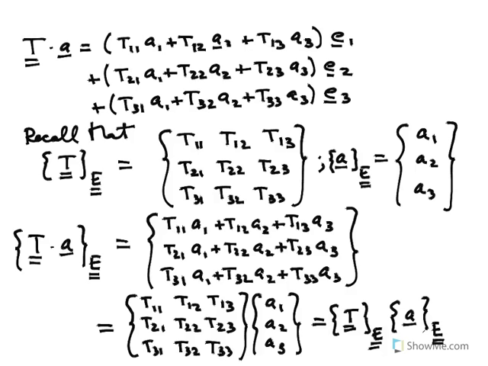So what this tells me is that multiplying a tensor by a vector, when I finally express that tensor and that vector in a basis, is equivalent to multiplying the matrix representation of the tensor by the column matrix representation of the vector. So let's write this down.